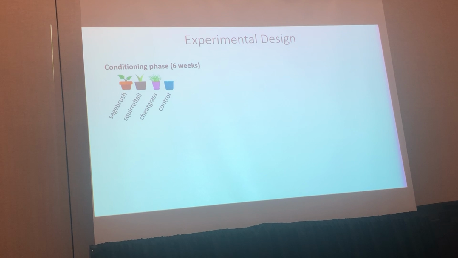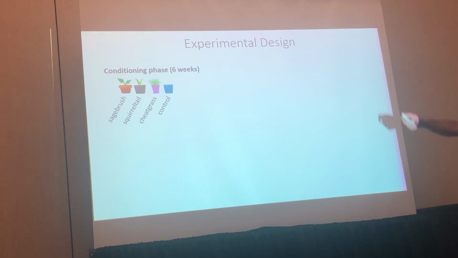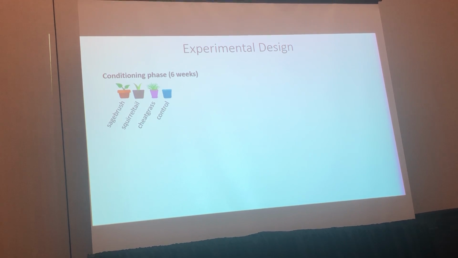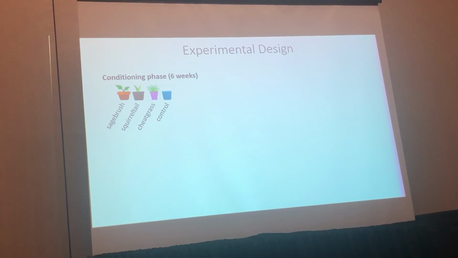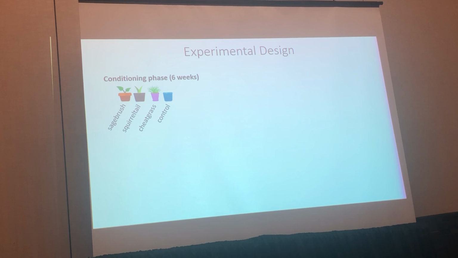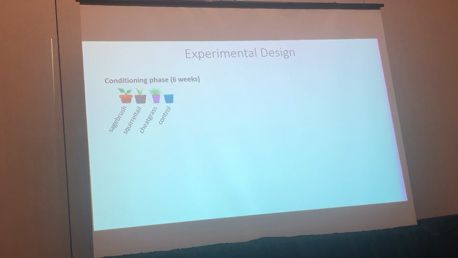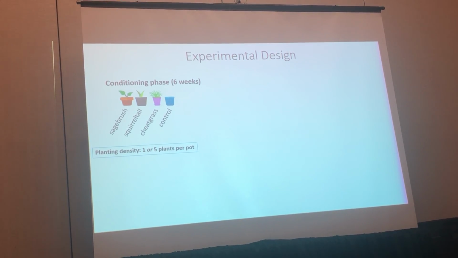Experimental design. First I had a conditioning phase. Each of the different colors of pots are the different treatments. I grew sagebrush, squirreltail, which is a native bunch grass that co-occurs with sagebrush, and then cheatgrass, the bad guy, and the controls were just left open for that 6-week conditioning phase. I planted them at different densities to see if there was an effect of more conditioning being more bad.